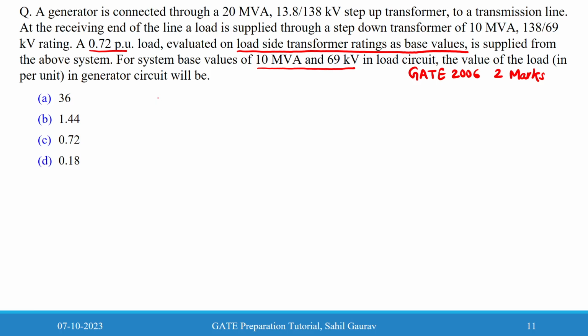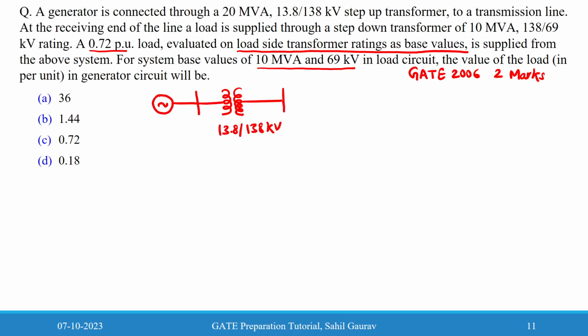Let us first make the single line diagram for this system. First we have a step up transformer connected to a transmission line. This is 13.8/138 kV.